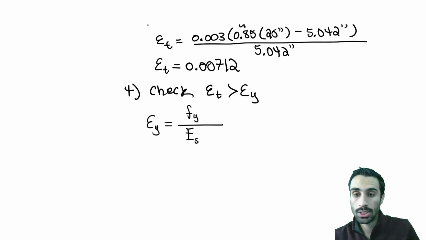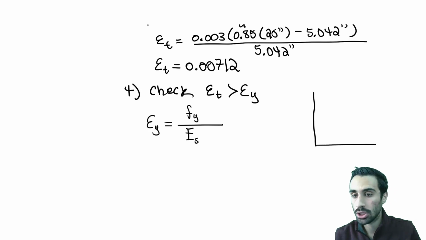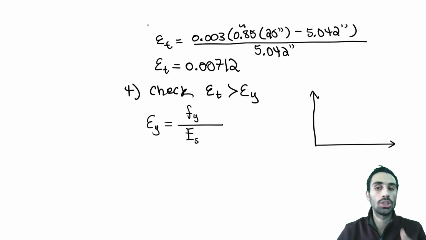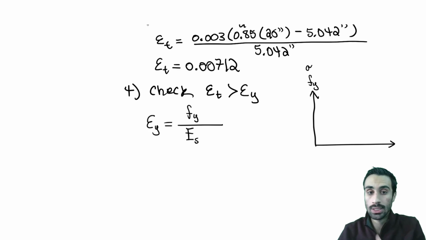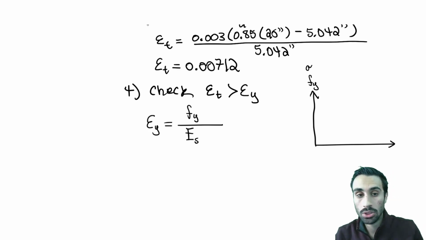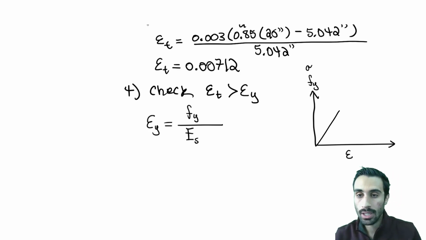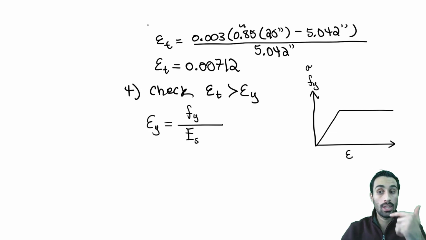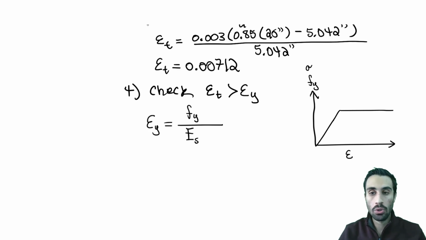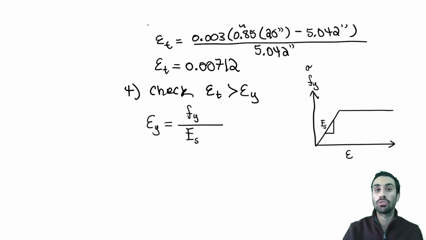So here you can prove this by actually looking at a stress strain diagram. On the y-axis you have the stress, and the stress we will denote as Fy. Sometimes it's given as sigma, but in this case, no, Fy is your yield stress. And on the x-axis, we have the strain, right? Which is our epsilon. If you look for steel, it looks something like that, which is what we usually assume for the concrete design. And we note here that in the linear region, we have something called the modulus of elasticity, Es, and in this case, it's for steel.